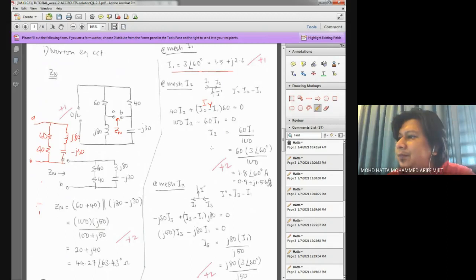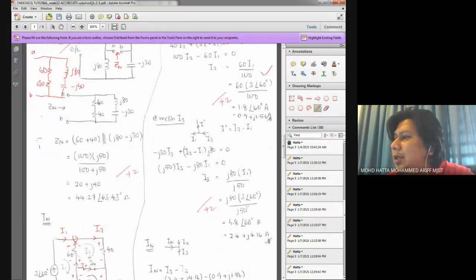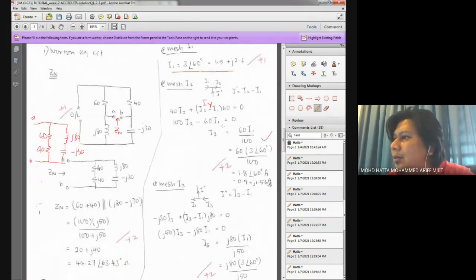From here, I can substitute back my I1, because I already know what I1 is, and straightforwardly get my I2 value. That's settled for mesh number 2.